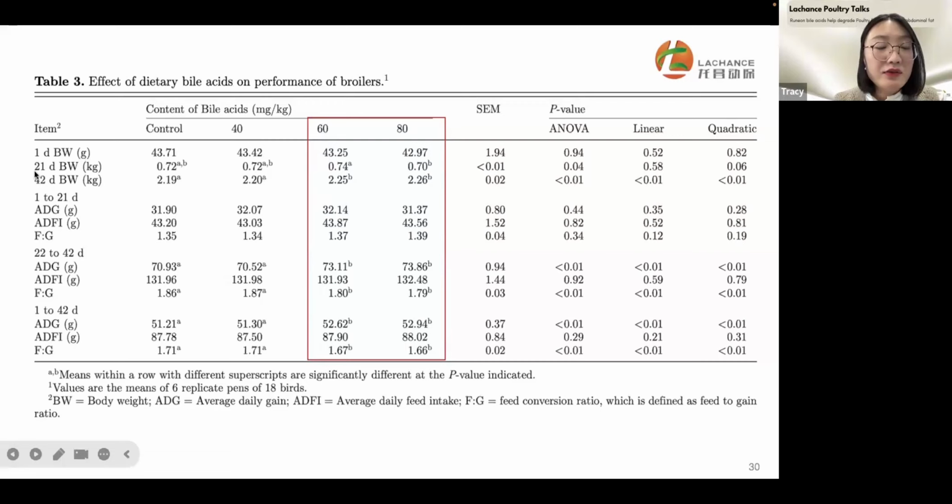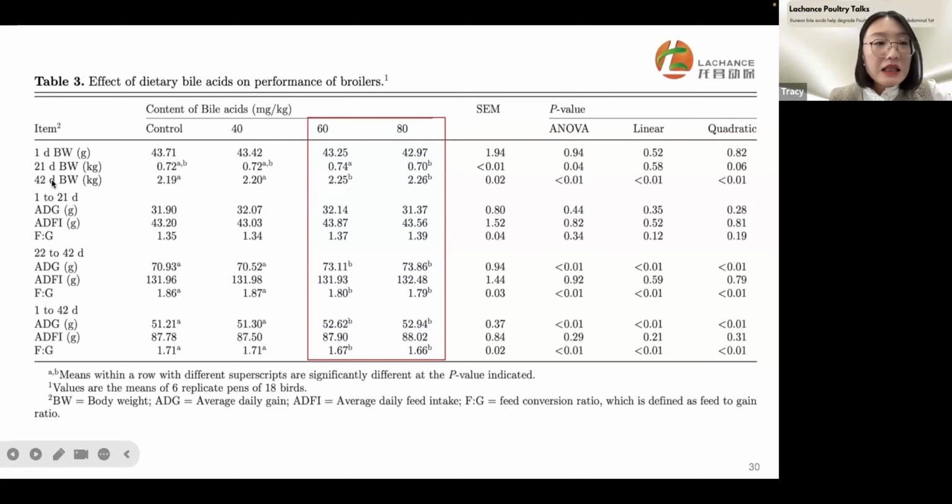And after 21 days, this is the body weight in these 2 groups with 60 milligram per kilogram bile acids, and this is the group with 80 milligram per kilogram bile acids. You can see that the body weight at 21-day-old were all increased from 0.72 to 0.74.